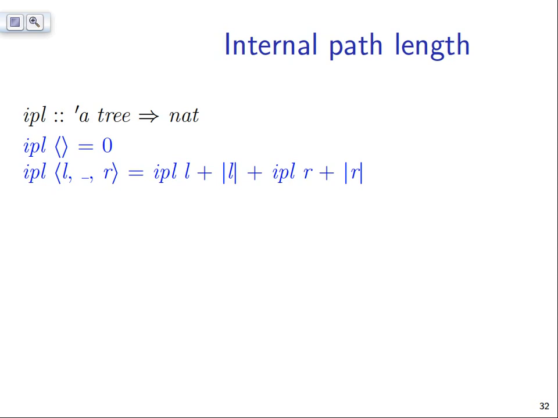There's also an external path length, and the internal path length is the sum of all the paths to the leaf nodes, that is, nodes that don't have any other nodes below them, and the external path length is the sum where you go to the leaves themselves.